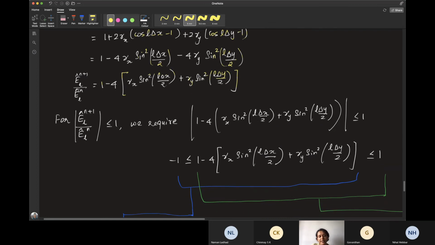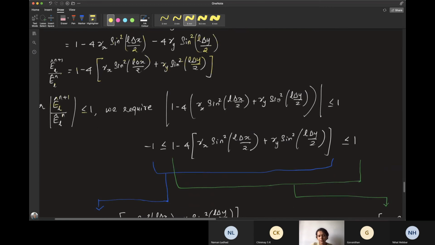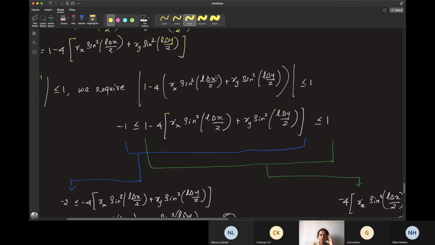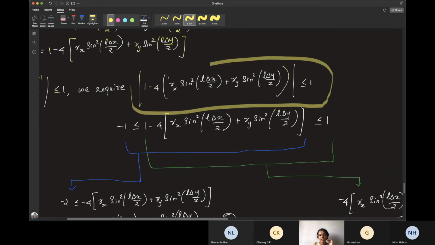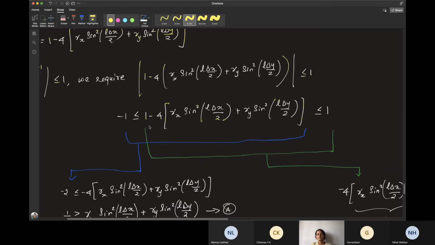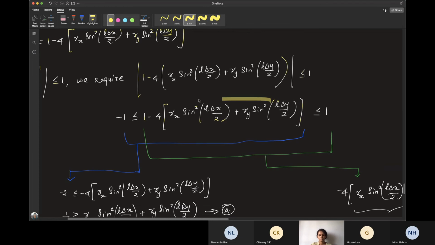Now for stability we require the modulus of this amplitude ratio to be less than or equal to 1, and when we do that we see that this has to be satisfied. For this to be satisfied, modulus of this quantity less than or equal to 1 means minus 1 less than or equal to the expression less than or equal to 1. This again will have two different parts, this and this one.